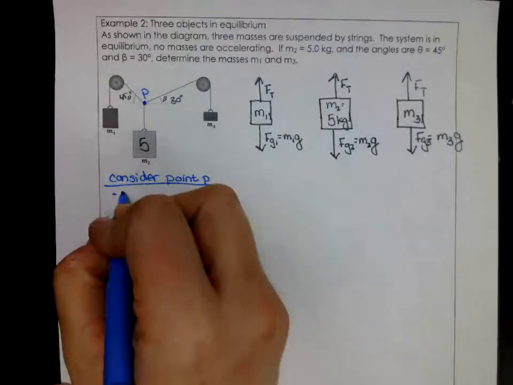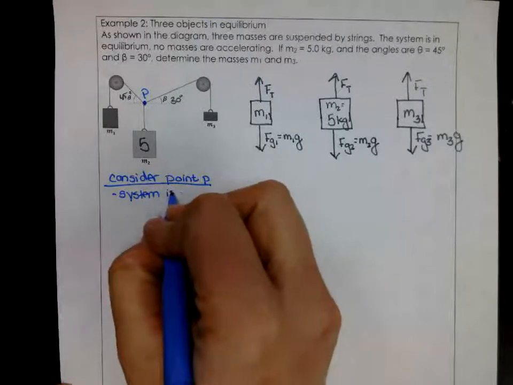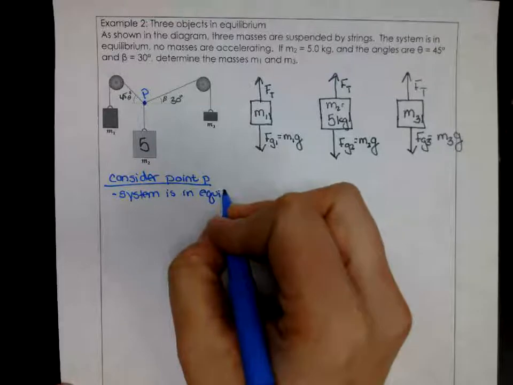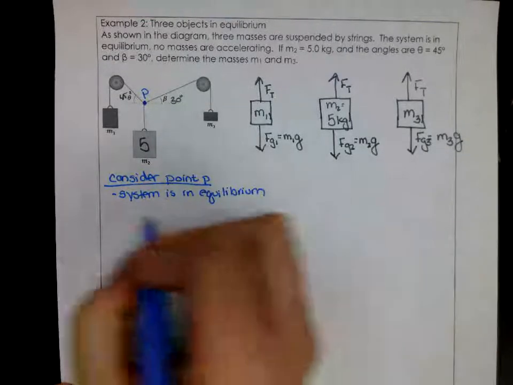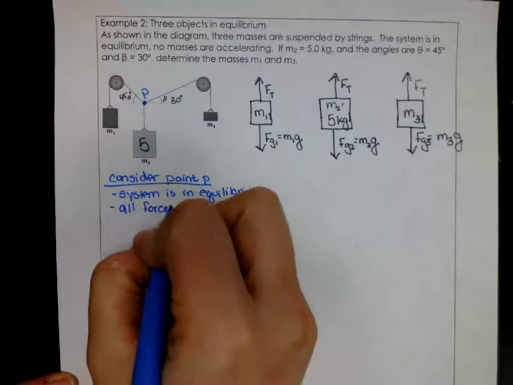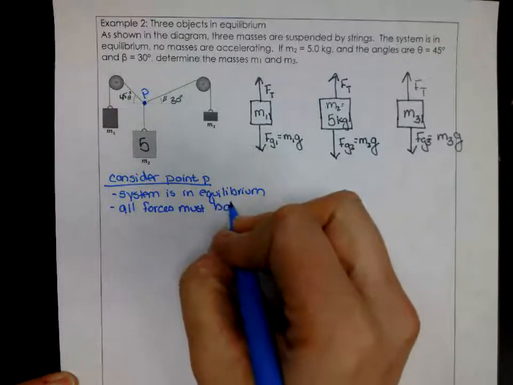So if our system is in equilibrium, that means nothing is moving. It also means that all of the forces must balance out at point P.